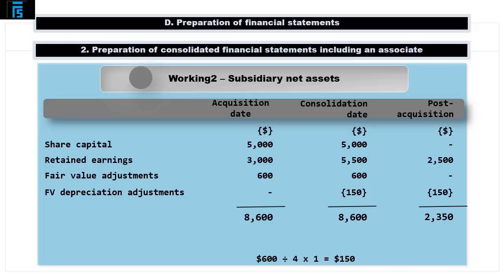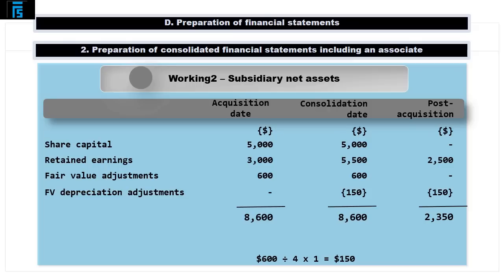Moving on to the consolidation date column, we may input the relevant equity balances of S as at the 31st of December, that is 5,000 and 5,500 for share capital and retained earnings respectively.